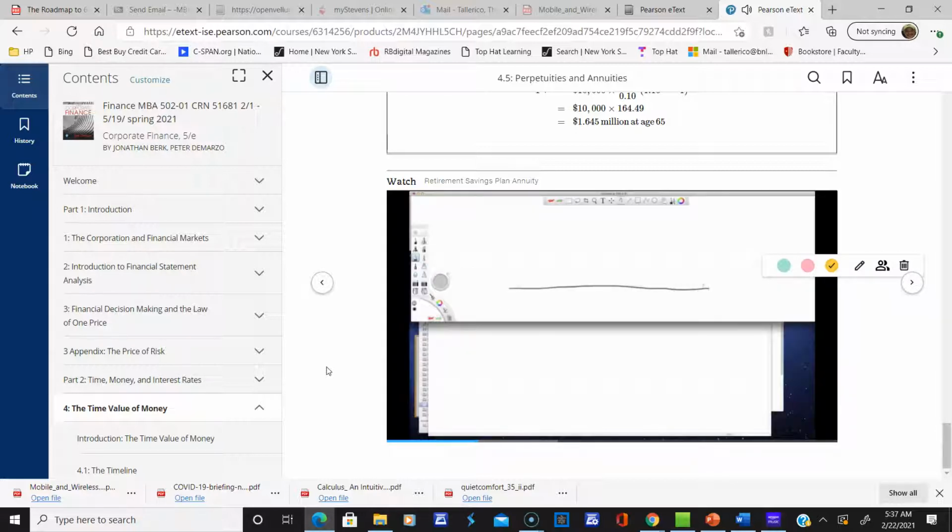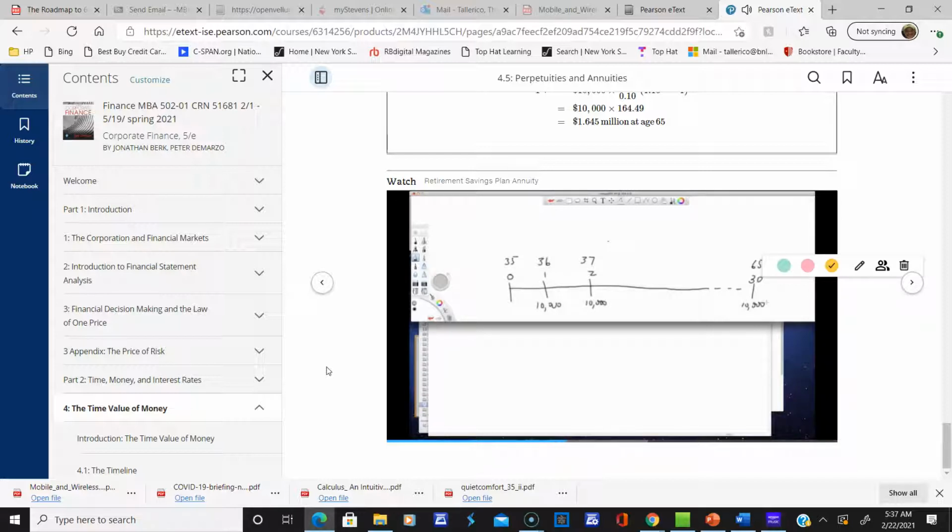Ellen is 35. So the first payment is going to come in when she's 36. And these payments will continue every year until she turns 65. So in terms of years from today, there will be a total of 30 payments starting next year and continuing for the next 30 years.